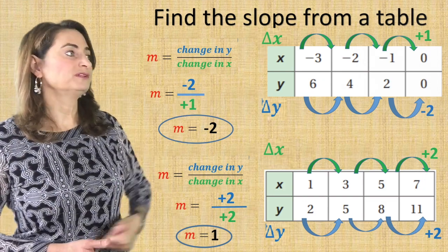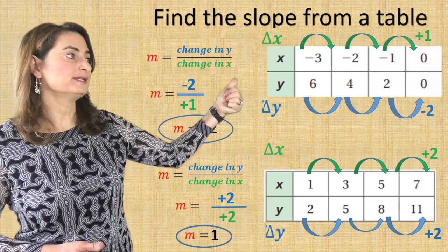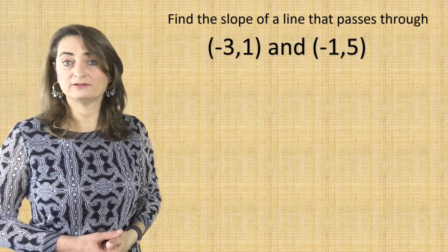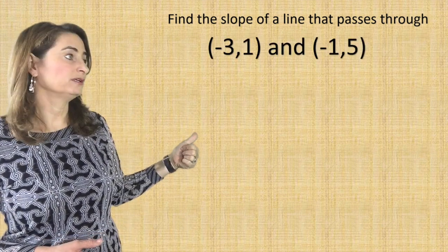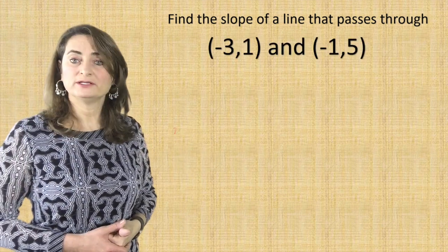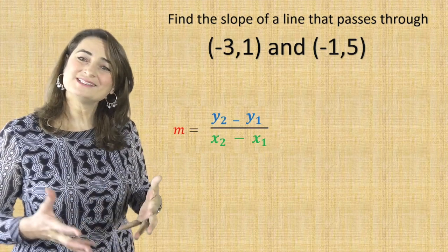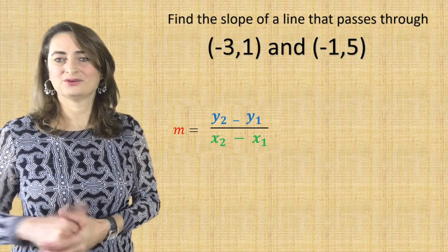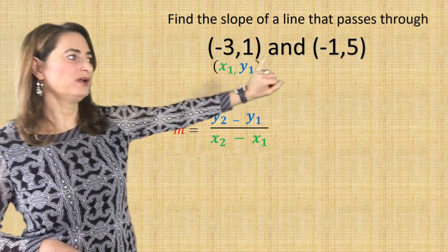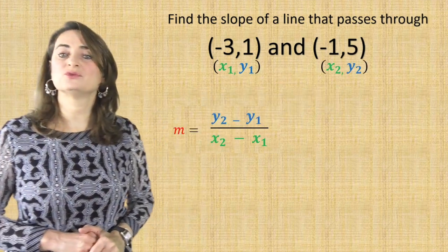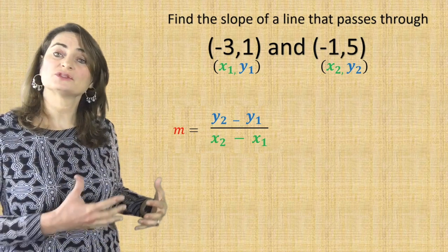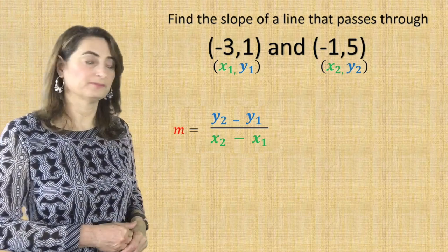Now find the slope of a line that passes through these two coordinates, negative 3, 1 and negative 1, 5. I would use the equation m equals y2 minus y1 over x2 minus x1 to find the slope. So let's define our coordinates. The first one is x1, y1, and the second one is x2, y2, for us to substitute those numbers in the equation.